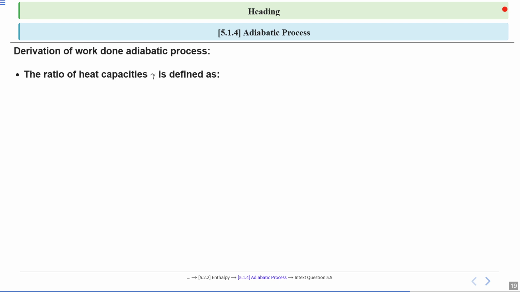Our next task is to define a value for Cv. We already know gamma is equal to Cp by Cv. Then using the relation Cp minus Cv is equal to R, we can write gamma Cv minus Cv is equal to R. What we have done is simply multiply gamma with Cv and subtract Cv from it.